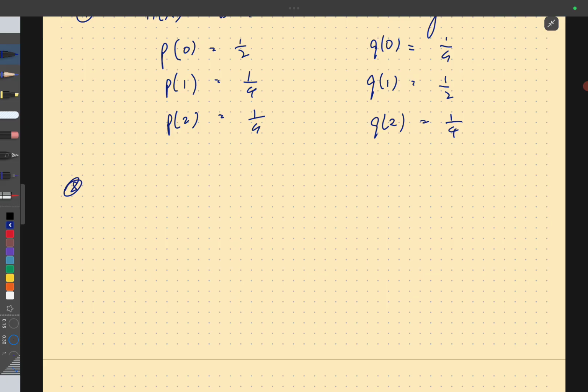The other property is that the entropy is a concave function of the distribution. How would you prove this?